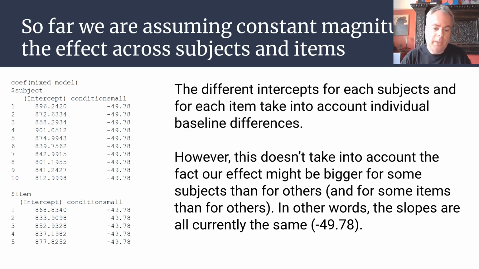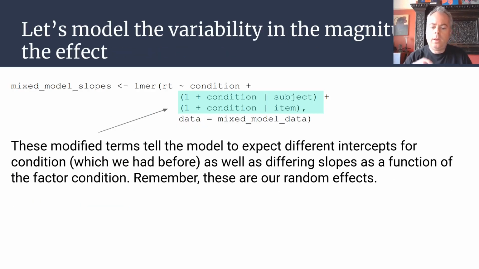So we need now to be able to model the fact that the magnitude of the difference between our large and small condition might actually vary as a function of participant and as a function of item. In order to do that, we add what's known as random slopes to our random effects terms. And we simply add our fixed effect here as a random slope for subjects and as a random slope for our items.